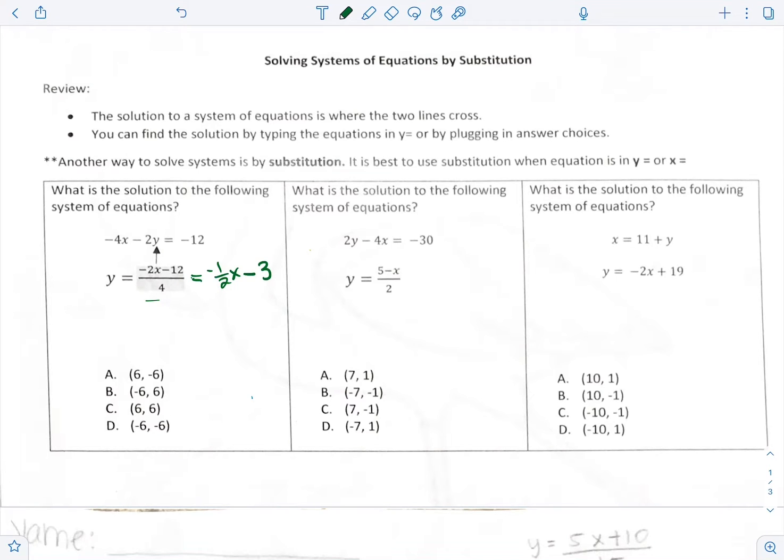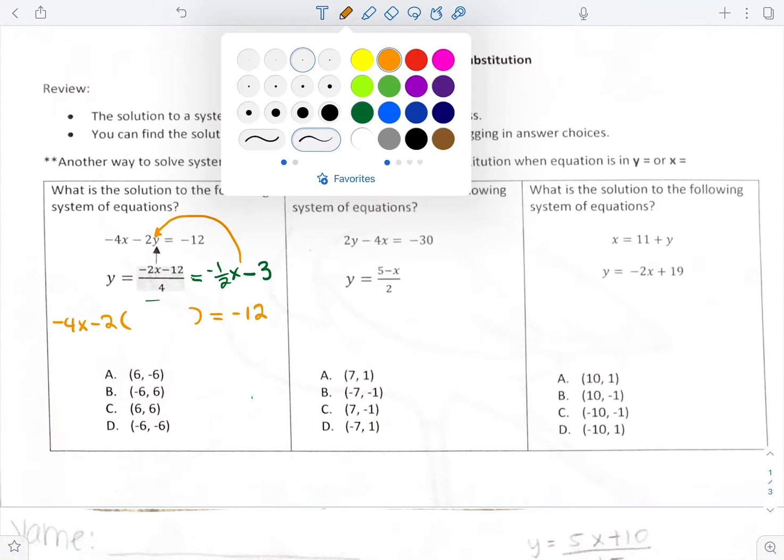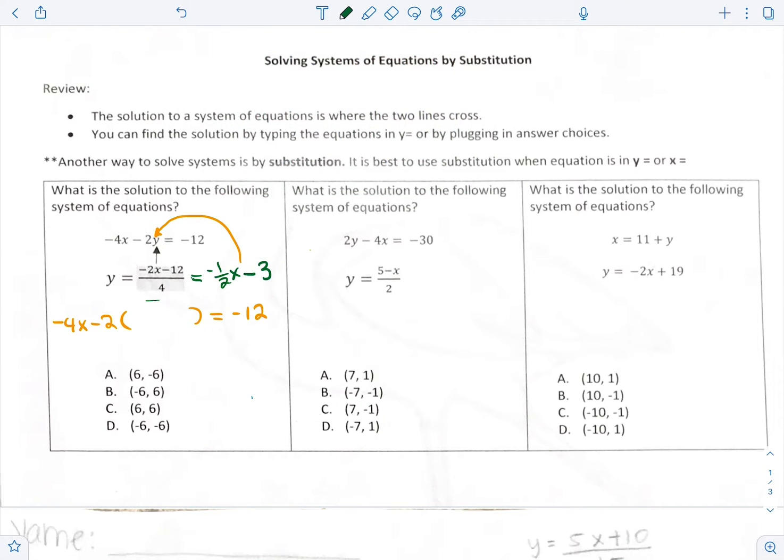Since it's in y equals form, I'm going to take that y equals and plug it into the top equation. So we have negative 4x minus 2, but since we're substituting something different for y, we put parentheses and then equals negative 12. I come back in here and substitute negative 1/2 x minus 3.